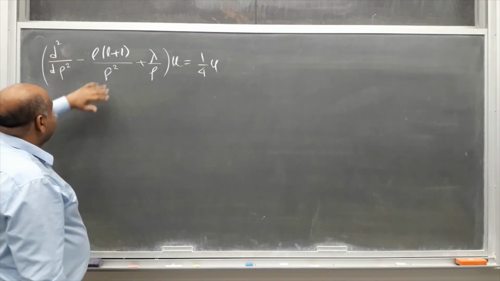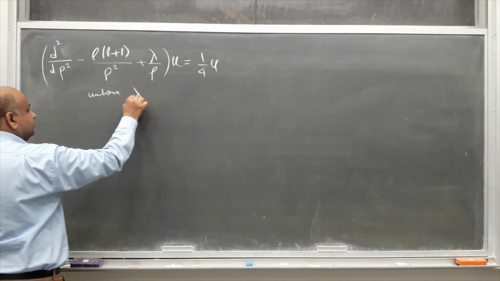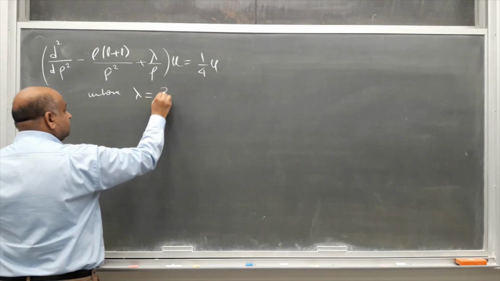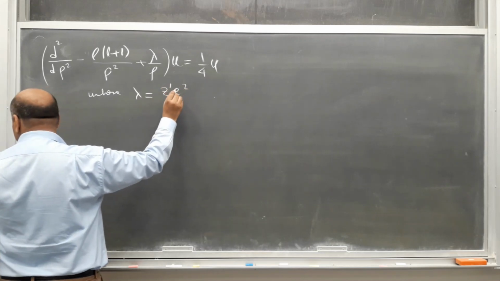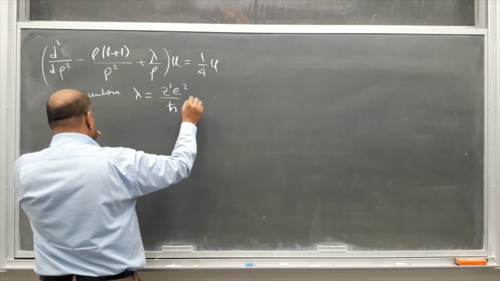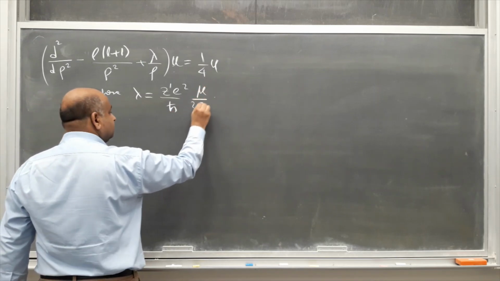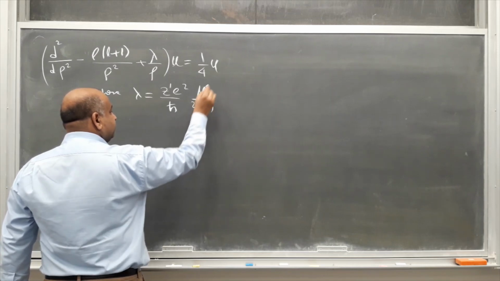Okay. Where this lambda was Z prime e square over h bar, square root of mu over 2 times the magnitude of energy.